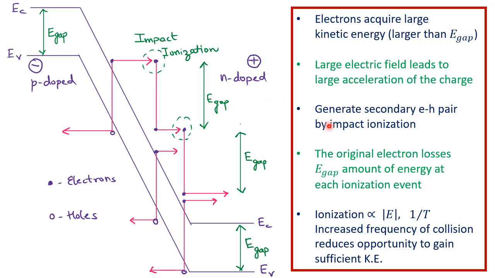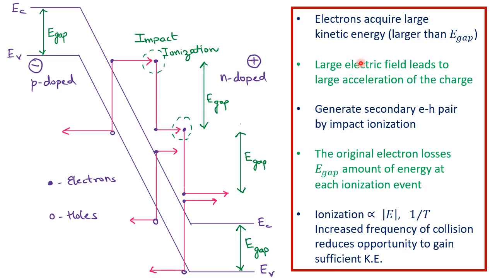But anyway, let's look at only the gross features, without getting into the mathematics. I have summarized here the sequence of events and also the features. The electrons acquire large kinetic energy, and this energy needs to be larger than the band gap. Only then can it deliver that energy to the electron hole pair which is going to be generated.